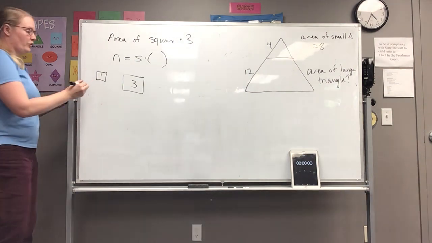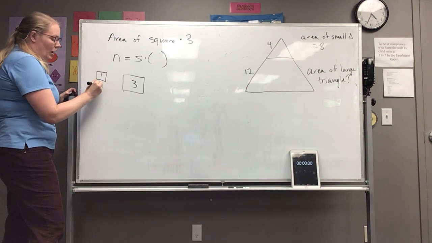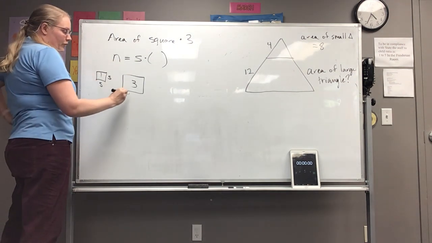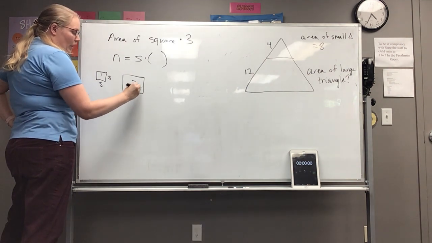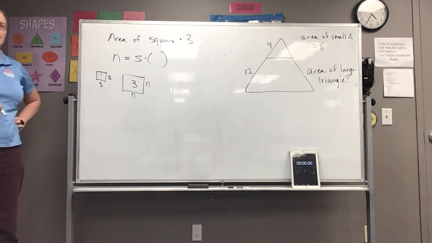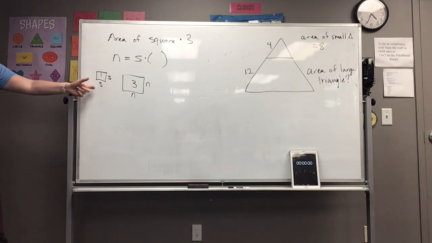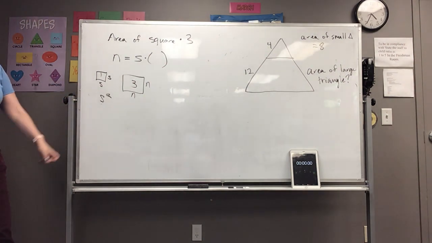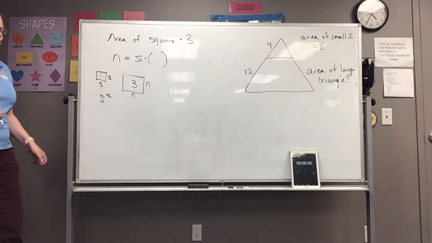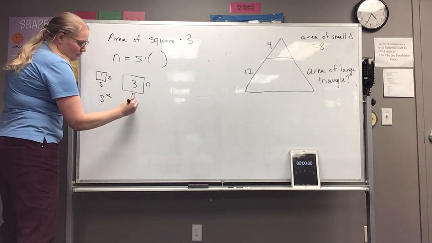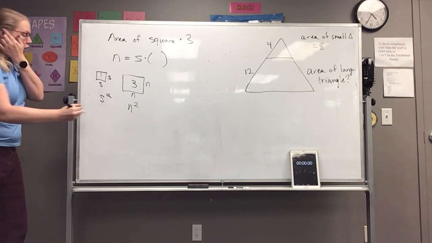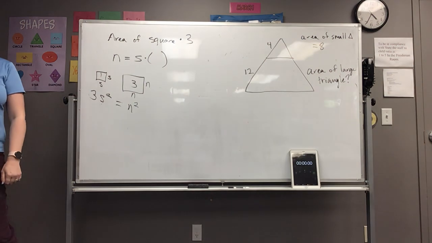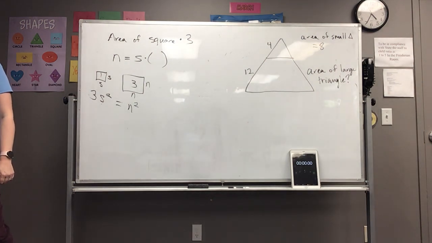This comes from our side times our side. And this comes from our new side times our new side. And so the area of this square is s squared. Our area of our new square is n squared. And we're told that the new one is 3 times as big as the old one.